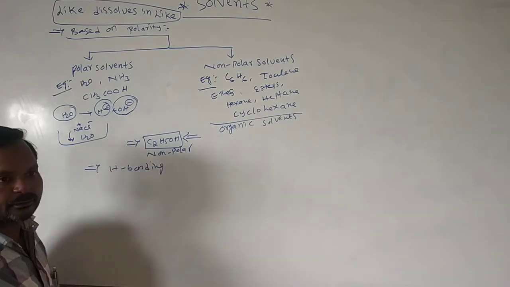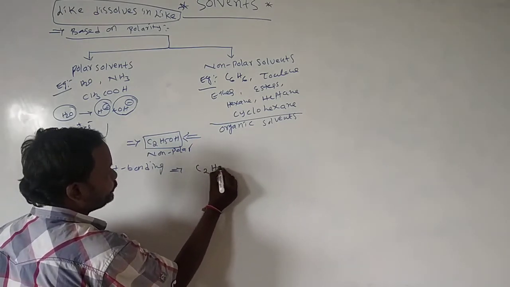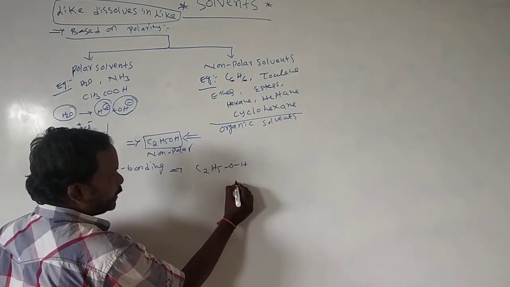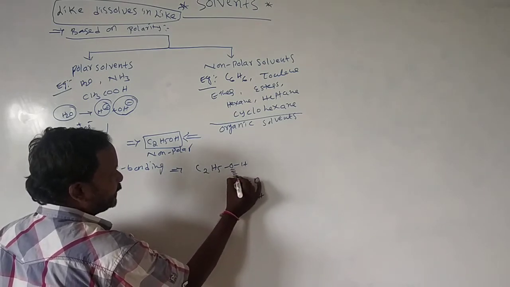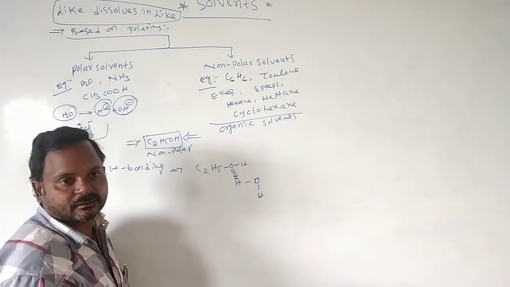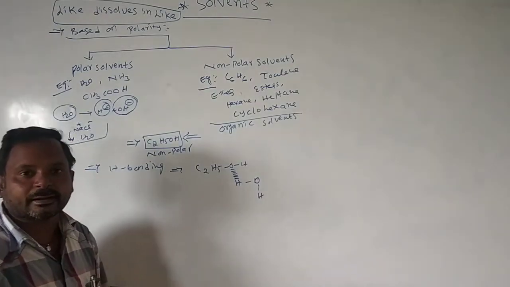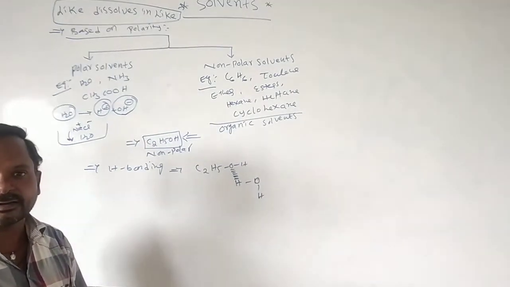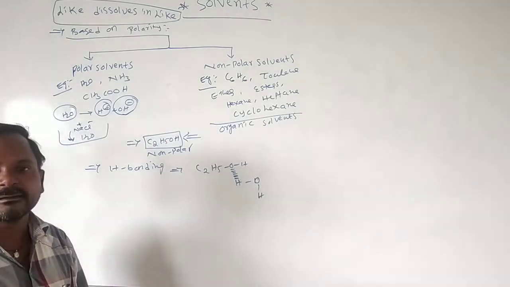Due to hydrogen bonding, ethyl alcohol forms intermolecular hydrogen bonding with water, like this. Acetic acid also forms hydrogen bonding with water. Alcohols, acids.